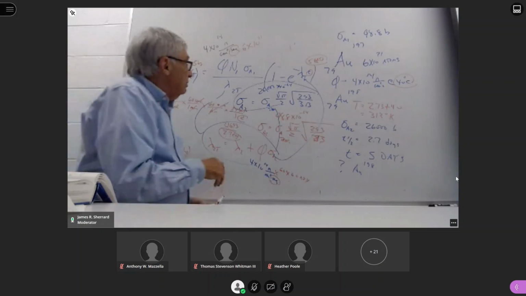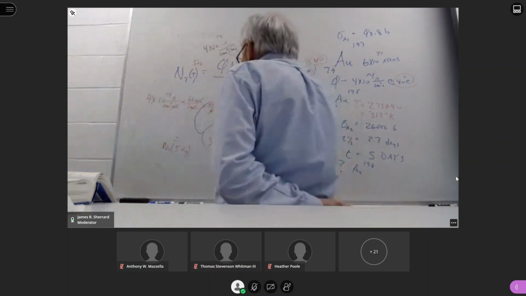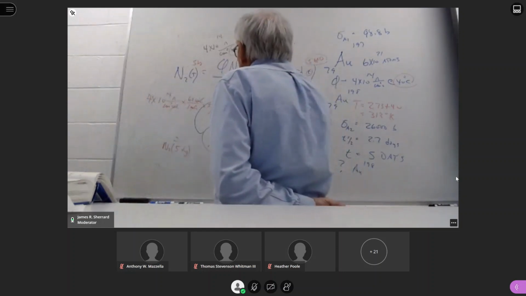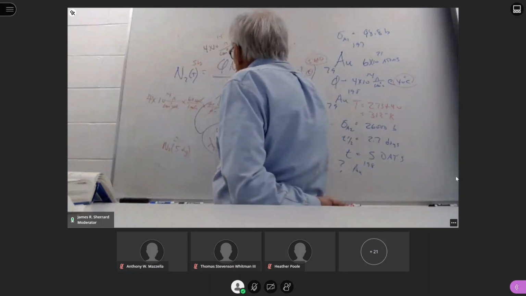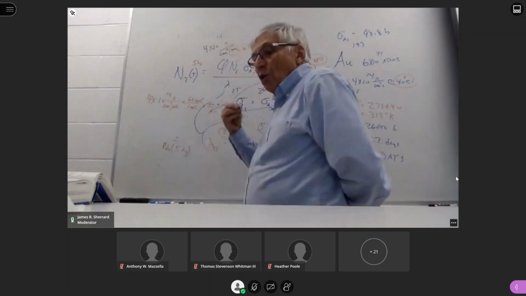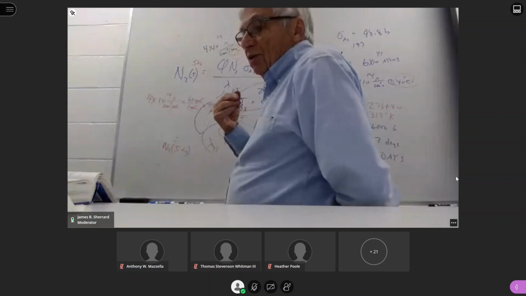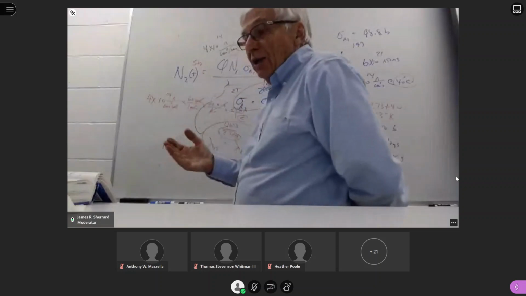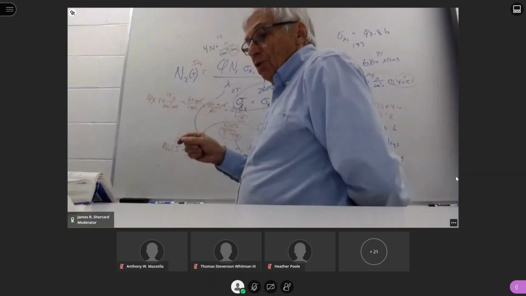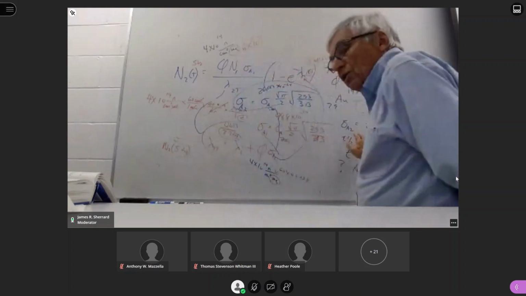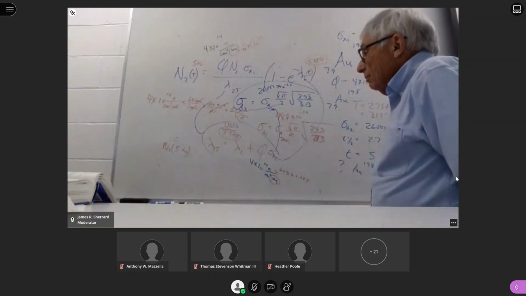So the key things are you have to have an absorption value for your flux for the target. If the flux is not thermal, if it's epithermal, you have to correct that accordingly.